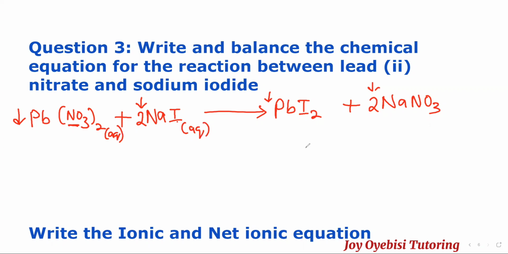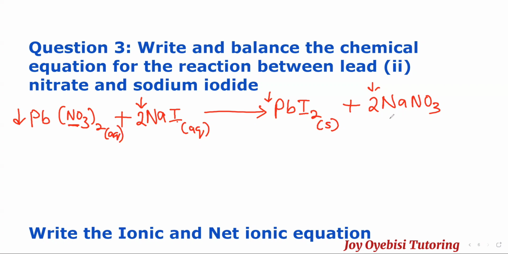Next, lead. Now, halogens are soluble except for lead, silver, mercury, and some few other ones. So lead is part of that exception. So which means that this is going to be solid. It is not soluble. So it forms a precipitate or a solid, okay, when they mix.